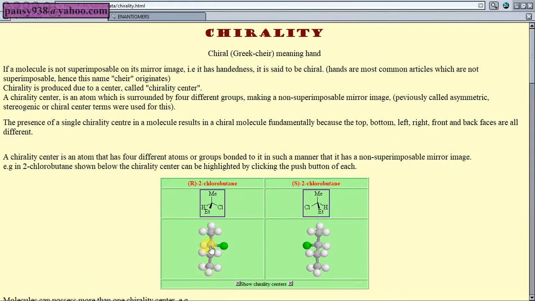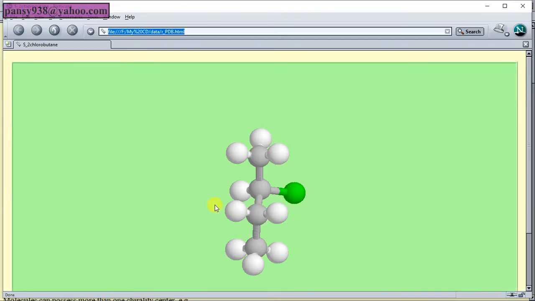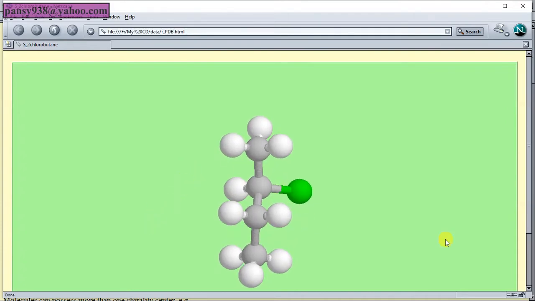So this carbon, which is marked in red color, is a chiral carbon. For a clear view, you can see this molecule in a larger image.